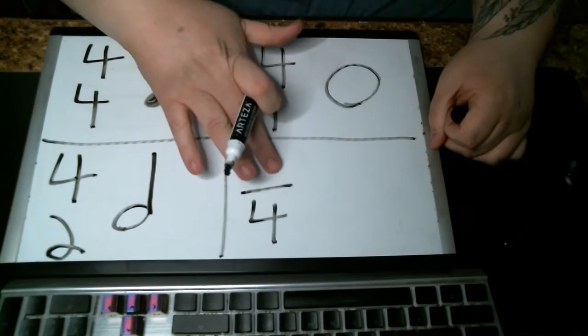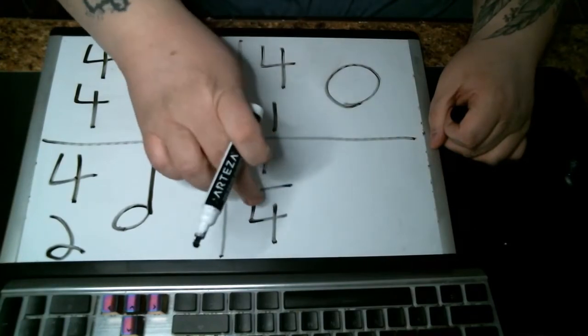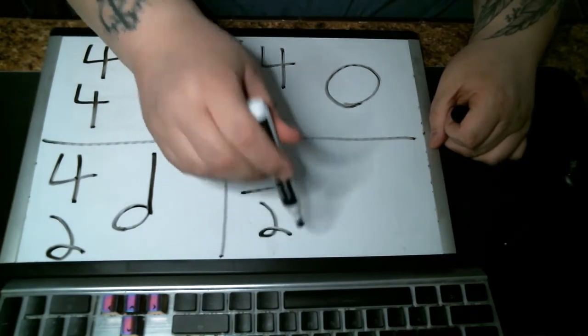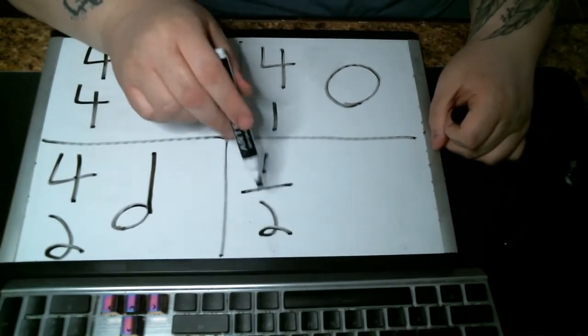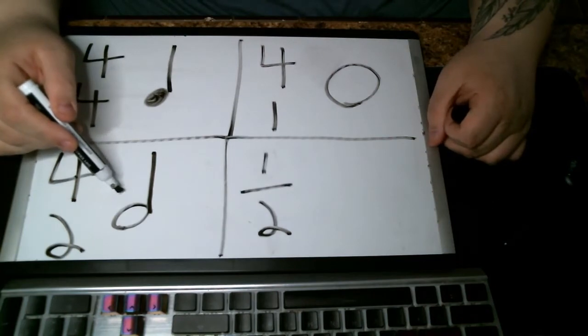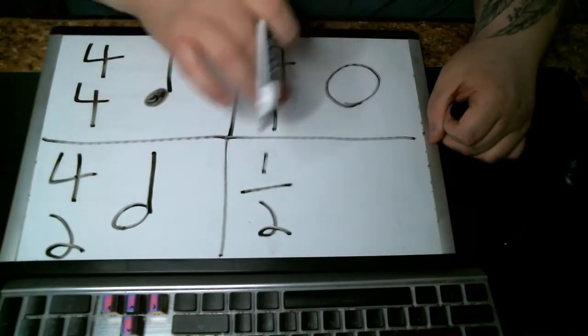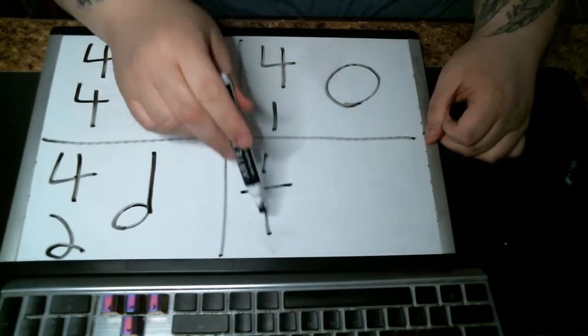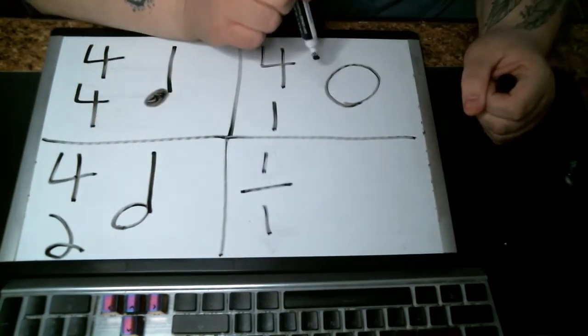If I take this off and put a 2, that fraction is 1/2, so I know my half note gets the beat. And the last one over here, 1/1, well, that's a whole, so my whole note gets the beat.